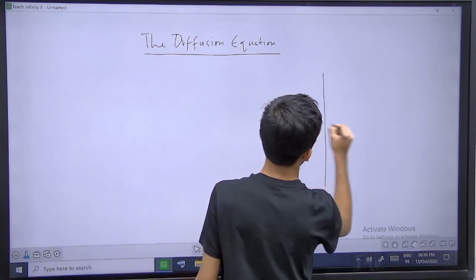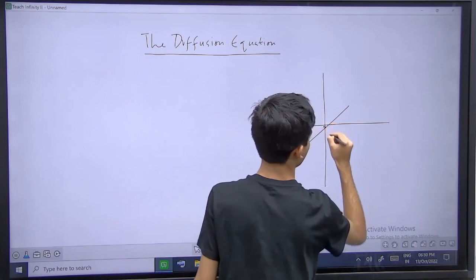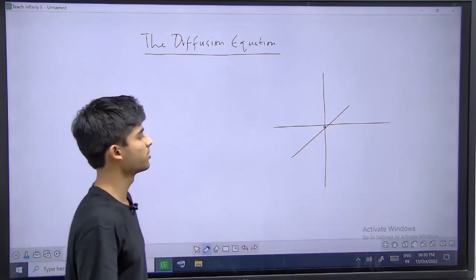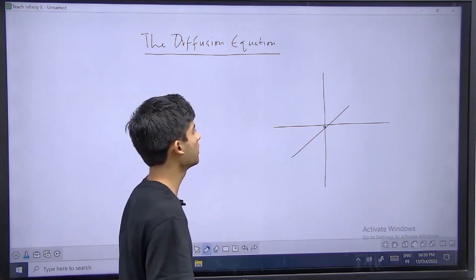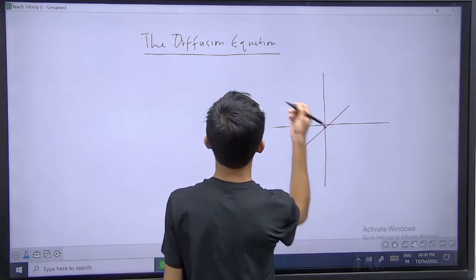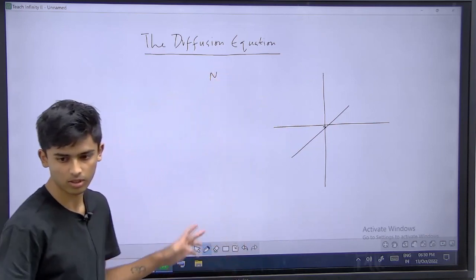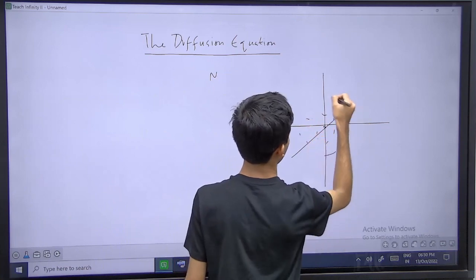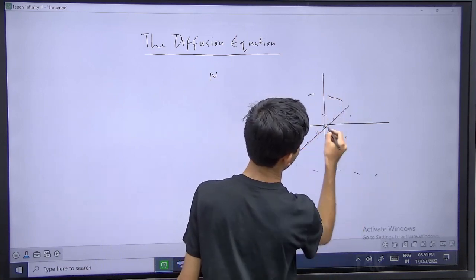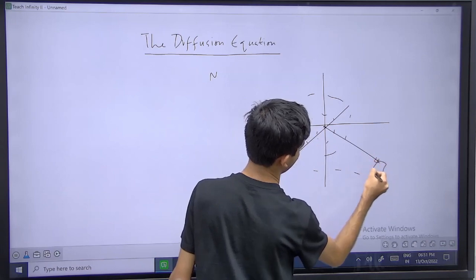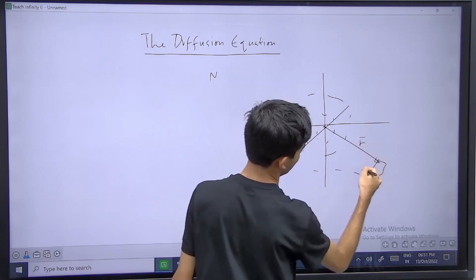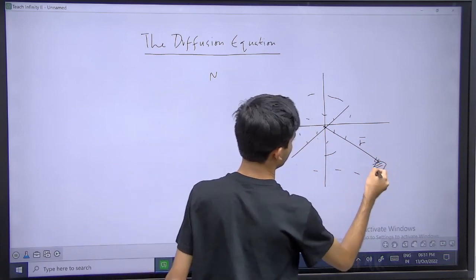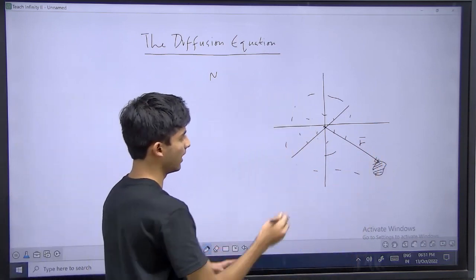We have some space. For now, we can consider the three-dimensional space, and we are given that initially there is, so suppose there are n particles, the particle number is conserved, and they are distributed throughout the space in some fashion, and at each point, so some vector r denotes the location of each point, and we know the density of particles at time t equals 0.